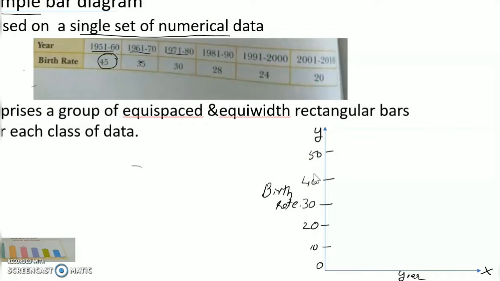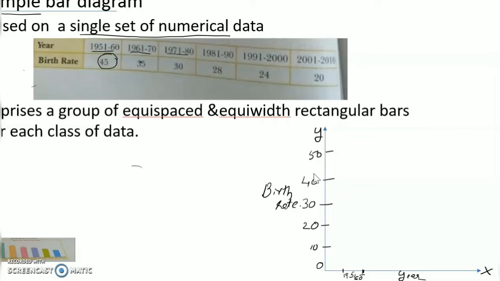So here first we are taking the first set of years, that is 1951 to 1960. How much is the birth rate in 1951 to 60? That is 45. So first we have to find out in the y-axis where 45 is. Here it is 45.